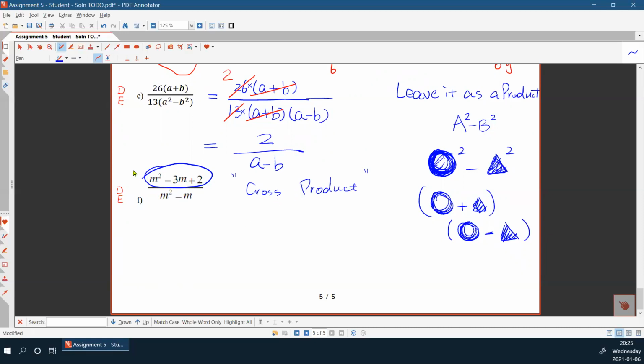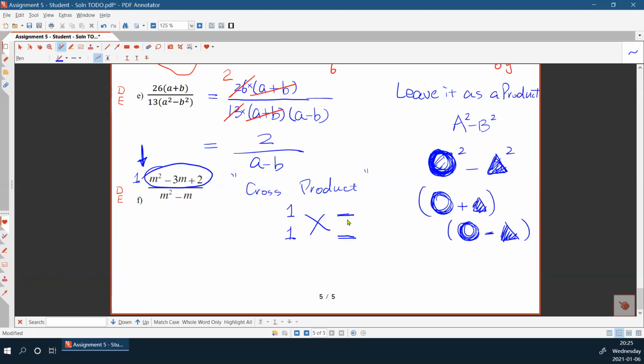What does it mean? We start from the coefficient of the highest order term, which is m squared. The coefficient is 1, right? 1 can only be factored to 1 by 1, right? So we put 1, 1 here. And then we need to guess these two numbers.